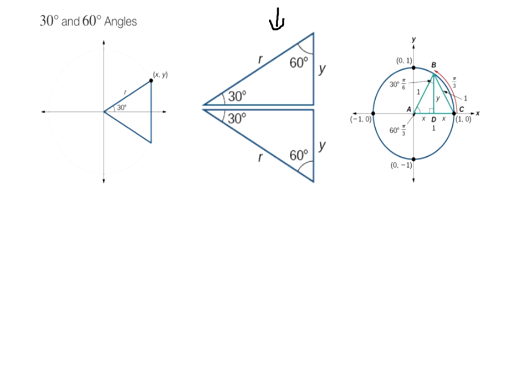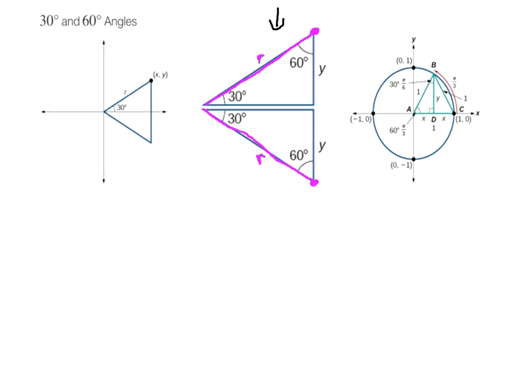That is an equilateral triangle. So if I'm looking at this as being the radius of my circle, then that would mean that this would also have to be the radius of my circle. So that's why they have r and r here.